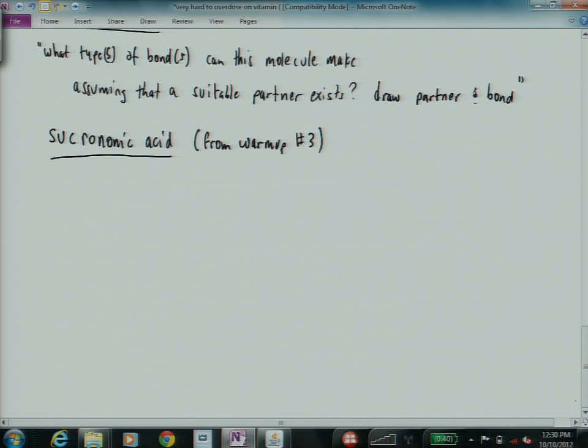One of these zigzaggy things. Have people draw this because it's worth the practice to draw these things, to get used to the way we draw them. O, H. All right. What I'm going to do is focus in on 3 parts of this molecule.